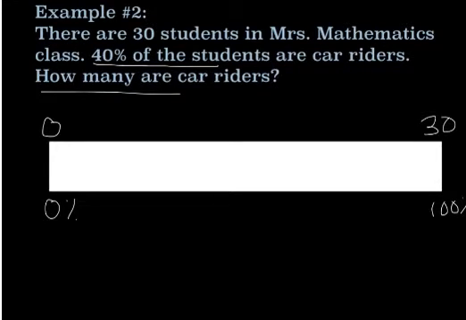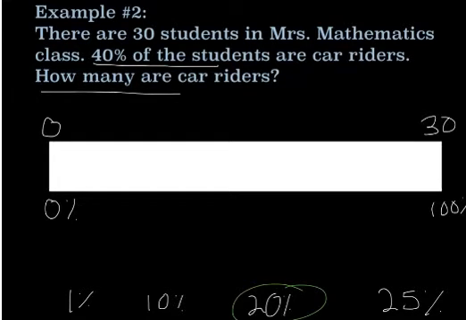percent you can use to divide this bar into portions. The benchmark percents are 1, 10, as you can remember, 20, and 25. Now, looking at which percent will actually arrive at 40% so easily, it is 20%.